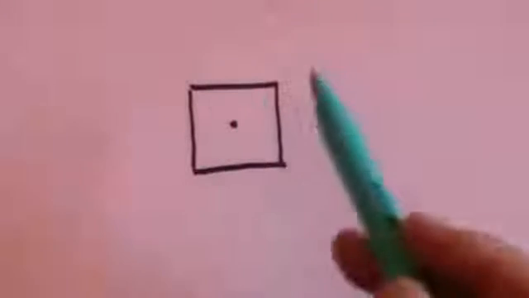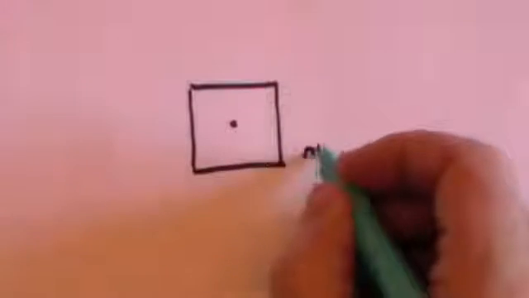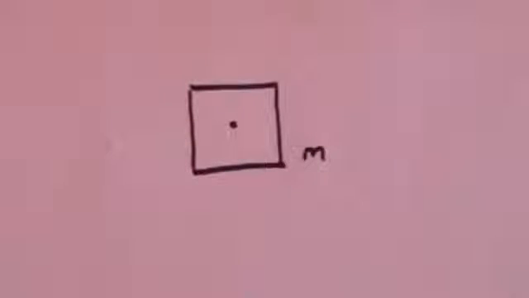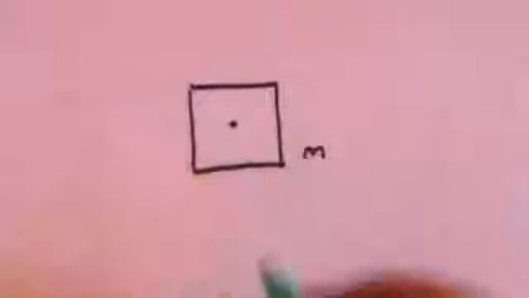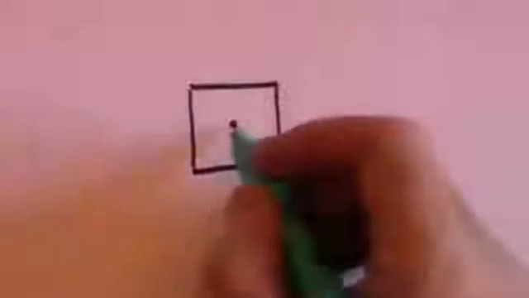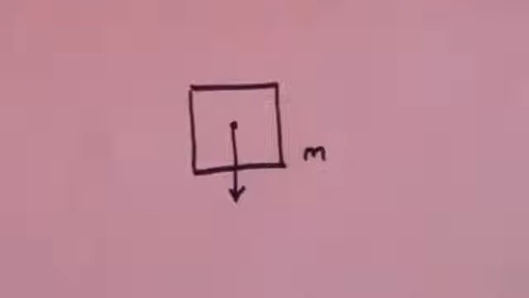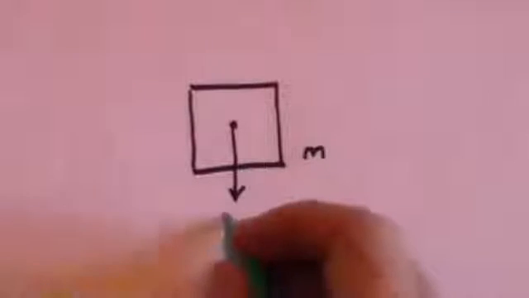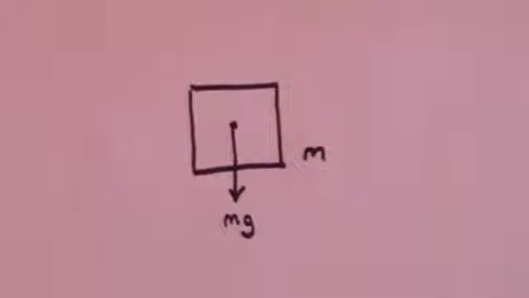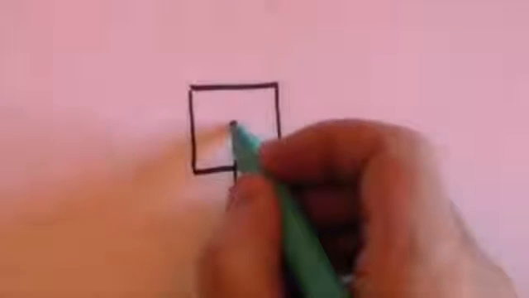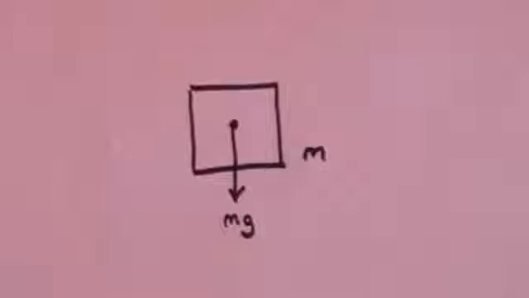So you could take a cube, which has a mass m, and you can say that from a physics point of view, all of that mass operates from the centre of mass. So the weight, or the force caused by that body in a gravitational field, is mg, and we can say that the whole of that mass operates from the centre of mass.